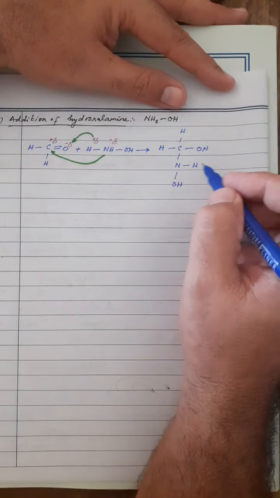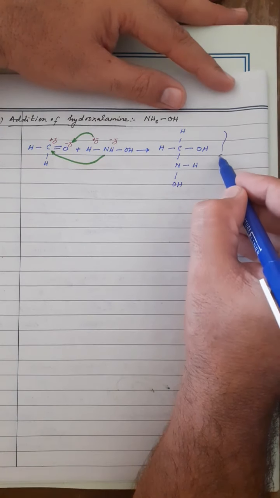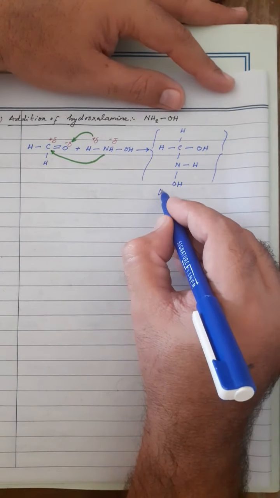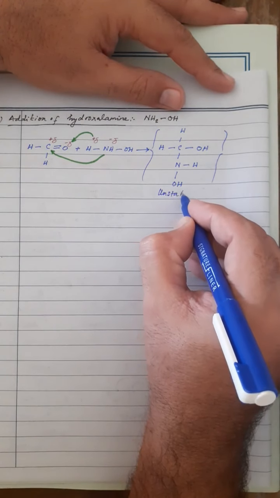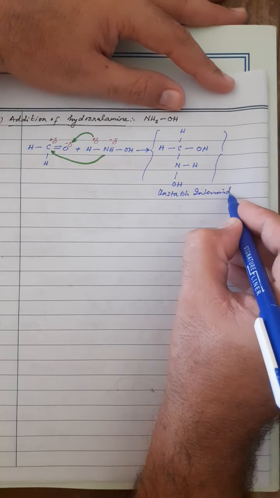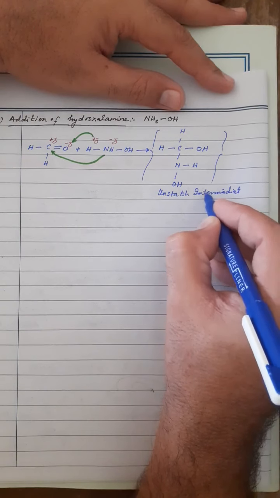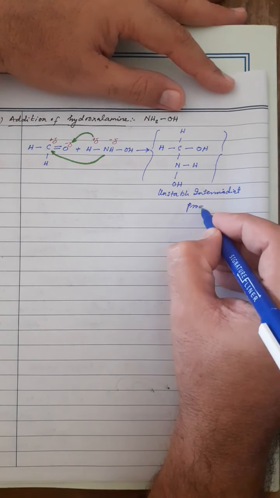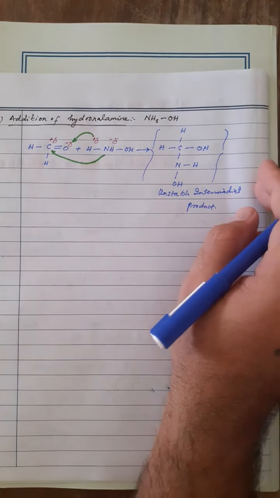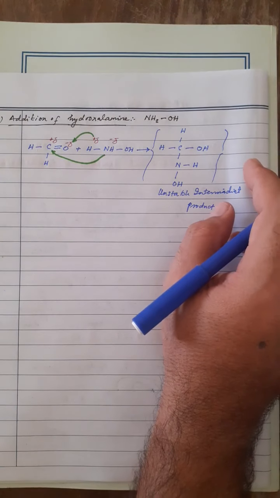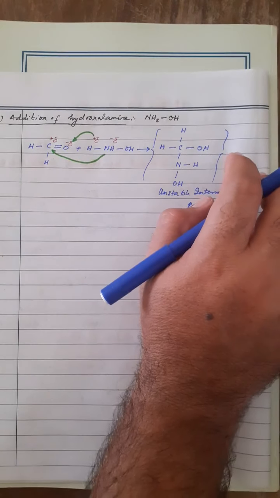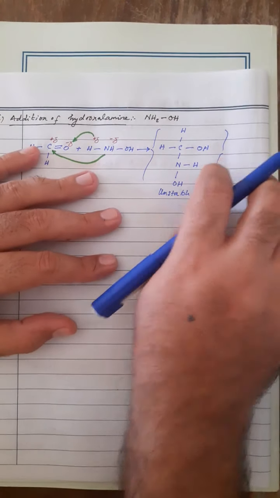This is an intermediate product. There's a lot of atoms bonded together. So it's not stable, it's unstable. Unstable intermediate product. This product is unstable because of the presence of hydroxy and hydrogen atoms very dangerously close.